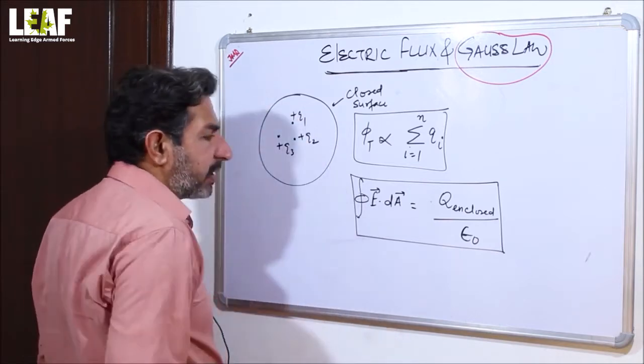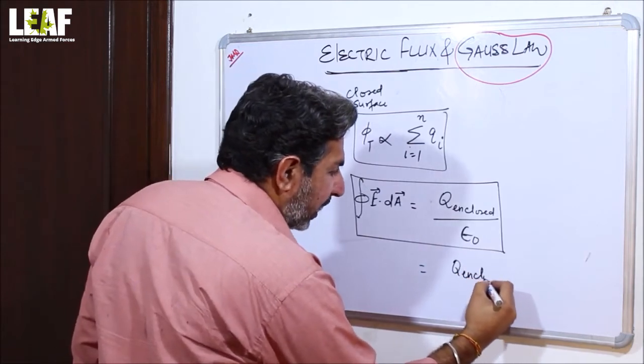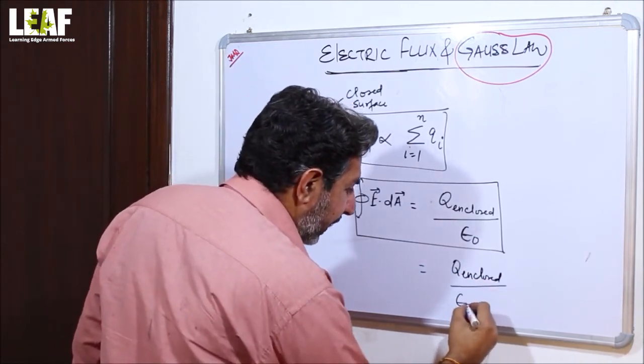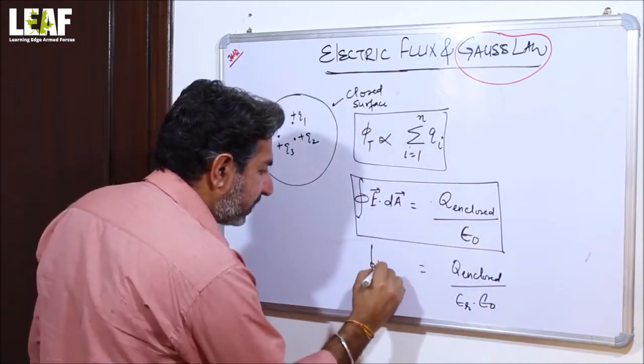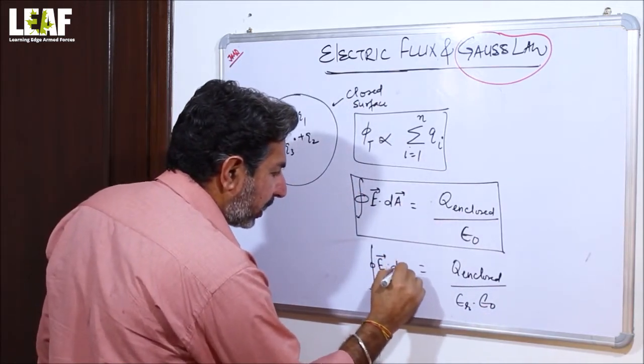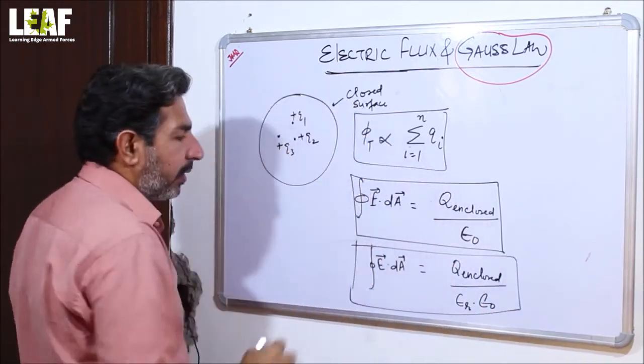Suppose these charges are present in any other medium, then obviously this will be modified, and I'll write here epsilon r into epsilon naught, and the rest will remain the same. There is E dot dA. Right.